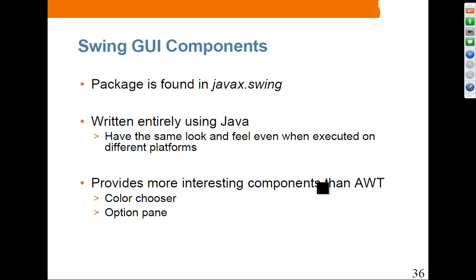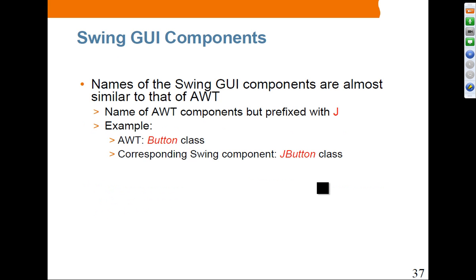You can also have interesting components such as the color chooser and option pane, which are all provided for you. AWT versus Swing is probably not that important anymore because nobody's using AWT. AWT used to have a Button class, and Swing now has a corresponding version called JButton. Everything that starts with a J is from Swing.